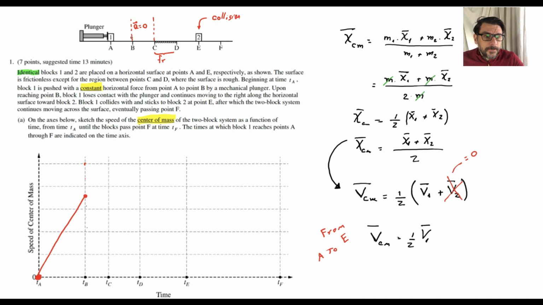Now, between point B and C, that means between TB and TC, those times we discussed before, there was no acceleration, meaning the speed is constant, so the graph continues linearly but horizontally, this way. Once point C is reached, the friction zone is entered, and within that region there will be a friction force that will produce a deceleration.